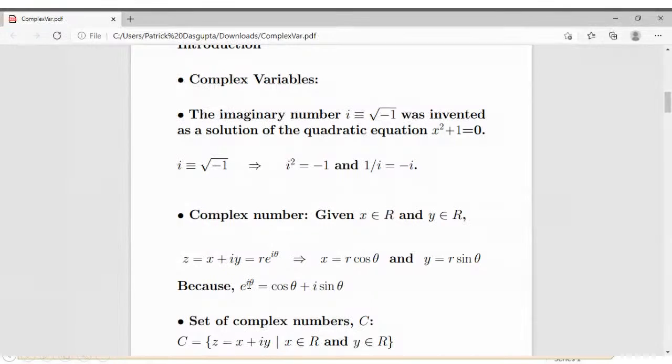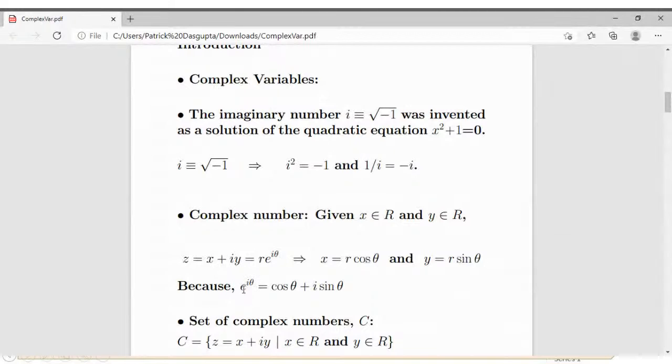e raised to power i theta is equal to cos theta plus i sin theta, which is a very important formula for physics. It's also an intriguing formula because on the right hand side you have geometrical quantities, the trigonometric functions cos theta and sin theta, and of course the postulated imaginary number i, while on the left hand side you have the exponential of i theta.